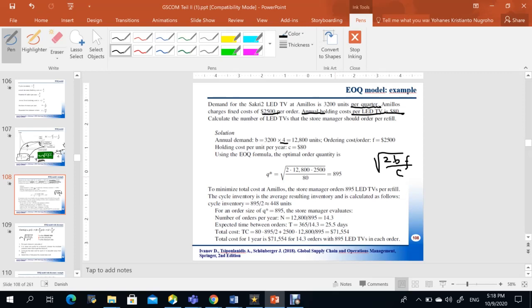To minimize total cost at Amilos, the store manager orders 895 according to the result above.